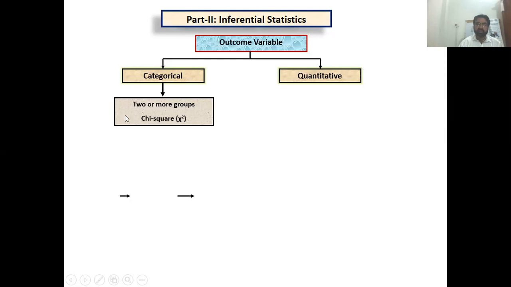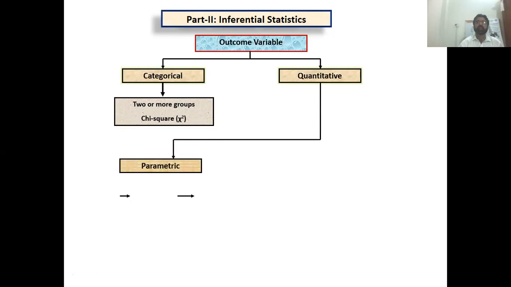Between the disease and smoking status, you can determine an association. And if there is an association, you will get a p-value less than 0.05, which will tell you that there is a difference in disease development between smoker and non-smoker. It means the people who smoke more are likely to develop the disease, and the people who do not smoke are less likely to develop the disease. So that is for categorical variables.